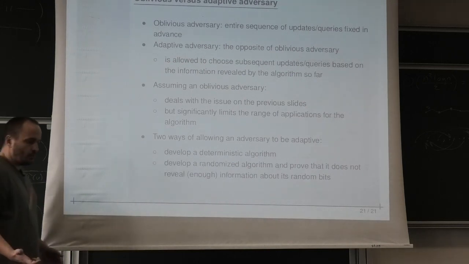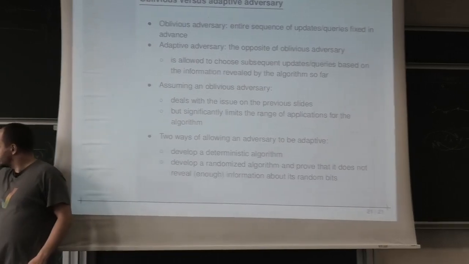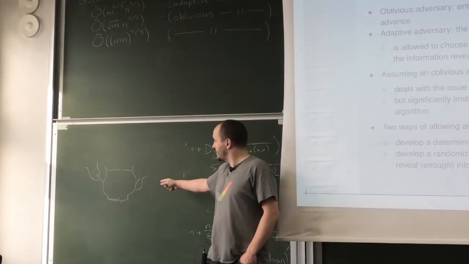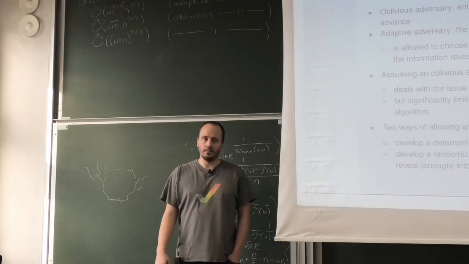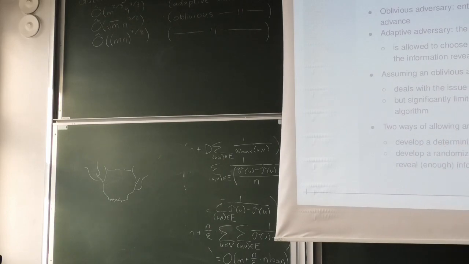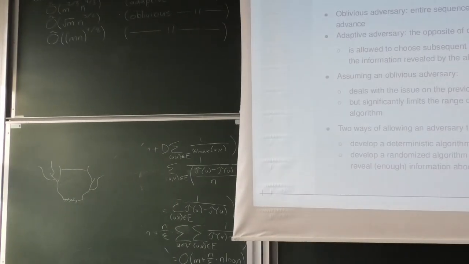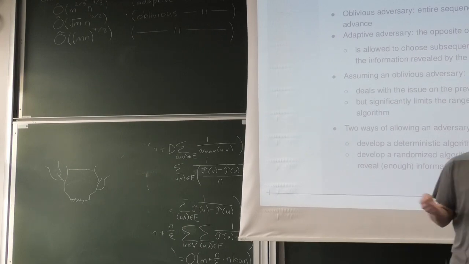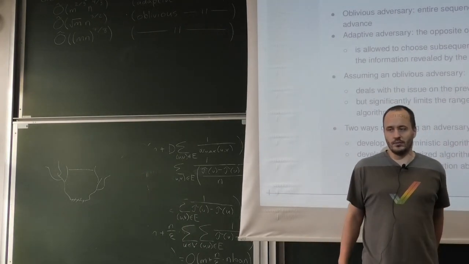And even if you don't worry about the user, the algorithm itself might work against itself in some way, because the updates are depending on the random bits. But for connectivity, if you have a worst case structure, the output doesn't reveal any information about the random bits. Two vertices are connected or they're not, so if the algorithm gives the correct answer, there's no information revealed.